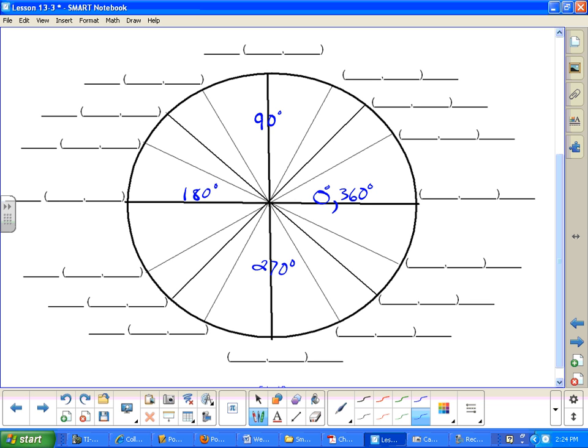If I take 180 degrees and divide it into 6 equal pieces, how much is each one? 30, okay? So this first one here is 30 degrees, and all I'm going to do then is count by 30s. How many of you can count by 30s? Okay, I hope all of us. So we're going to count by 30. So we have 30, the next thin line is 60, then 90, 120 to the next thin line, 150, 180, and so on.